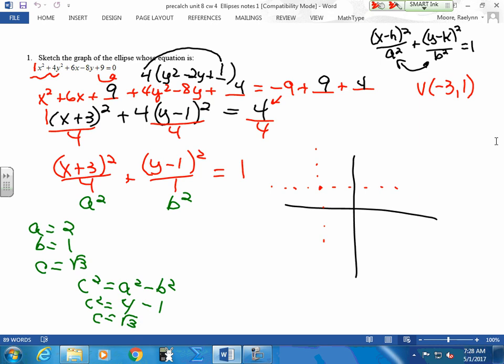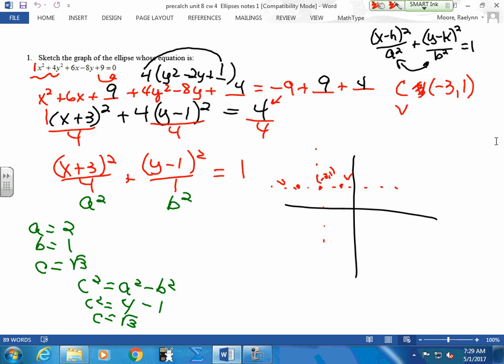If this is a negative 3, you just have to get your spacing right. 2 is going to put me over here, and 2 is going to put me over here. These are my vertices. This is my center. Sorry, I called it a vertex. That's my center. These are my vertices. They come off of the main axis.